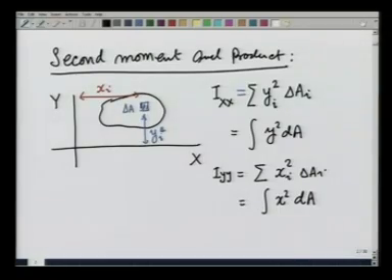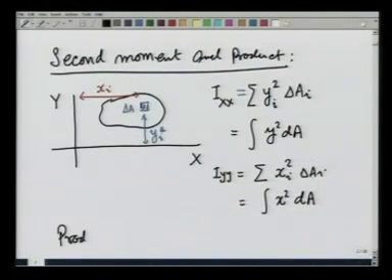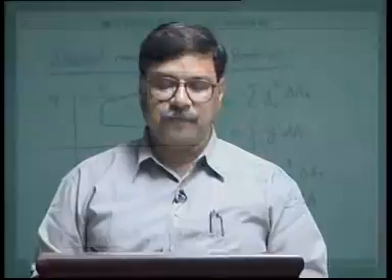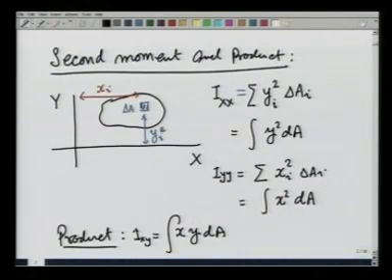These are just mathematical definitions, and then the product of this area is defined as integral xy dA, and I am going to call this I xy equals this. So, we have defined the second moment of a plane area and product of a plane area. Let us now work out some examples of how to calculate these.